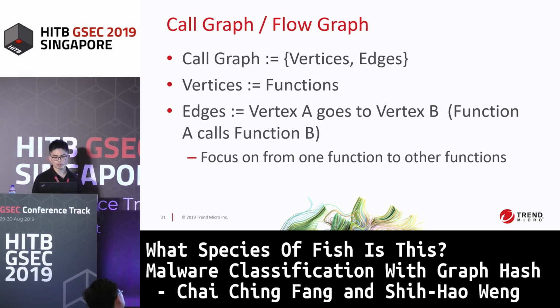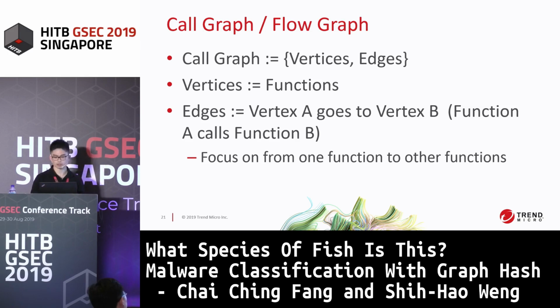So, what is a code graph? From a graph point of view, a code graph is composed of a set of vertices and a set of edges. Mapping back to an executable, vertices present the functions of the executable.